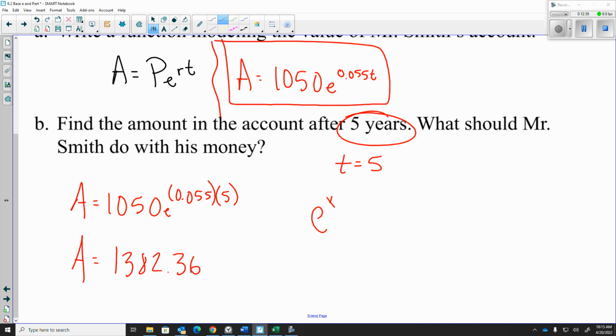That's what you get for E. Then multiply that by 1050. If you did not get this number, you should get this number. You got that? If you didn't get that number, tell me.